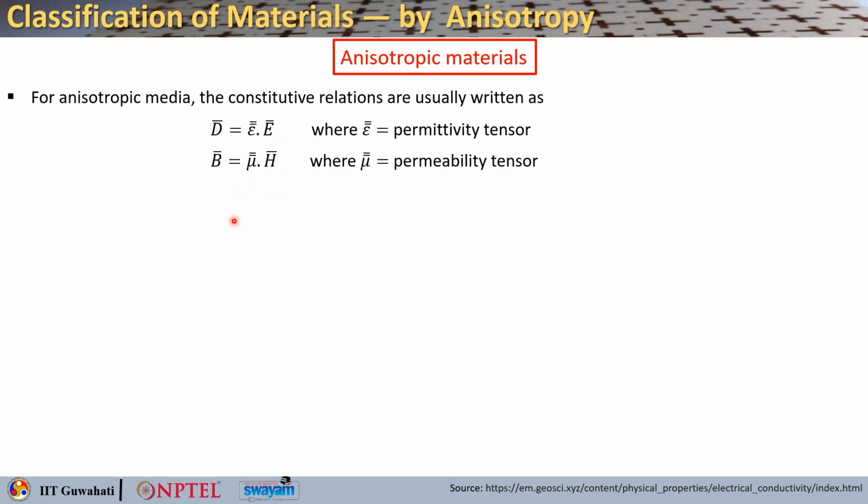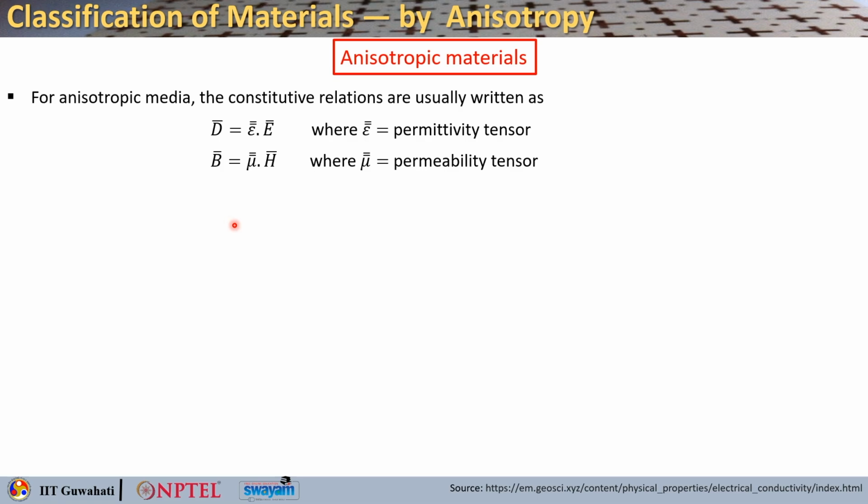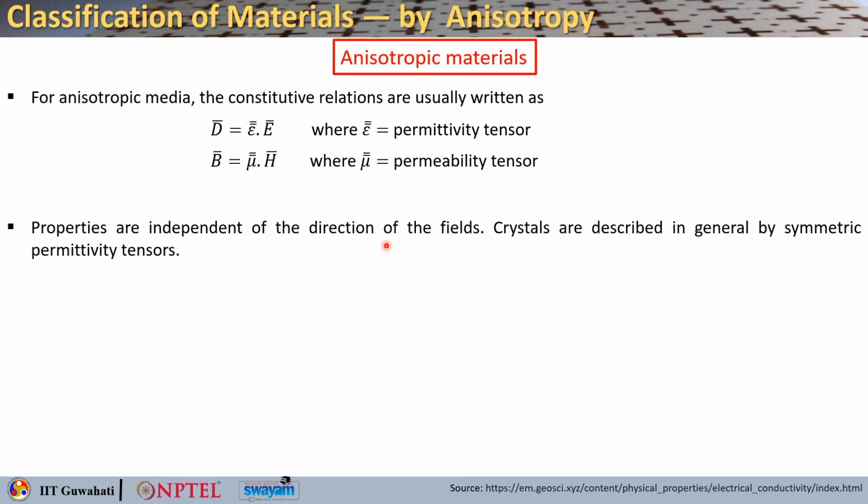So, I am just showing you the different notations in different slides to tell you that all these notations are possible in textbooks. Different authors follow different versions of notations, and you can write B equals mu H. So, mu is again a tensor in this case. So, here we understood that the properties are direction dependent, right.